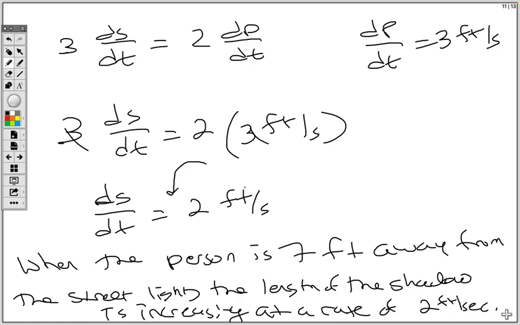Okay, so that's how fast the shadow is lengthening.